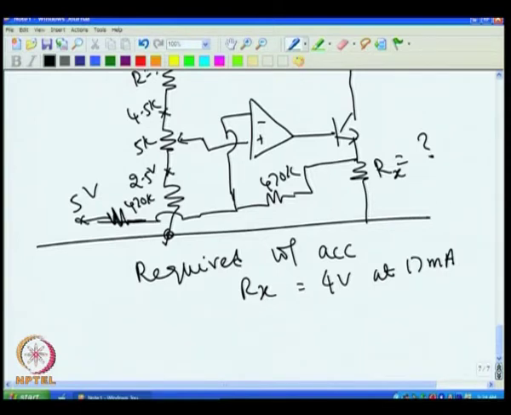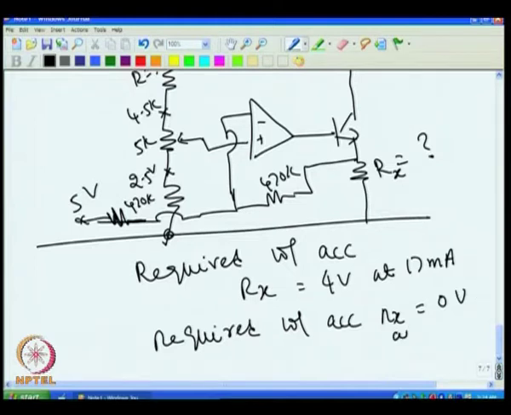At 1 milliampere current, the required voltage across Rx is almost 0 volt, or a very small voltage.